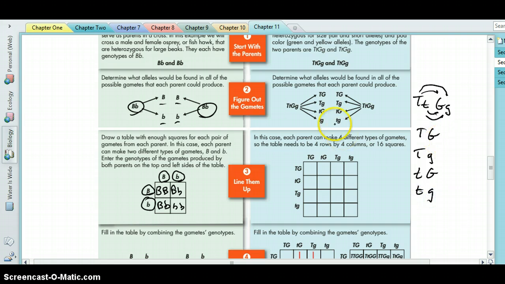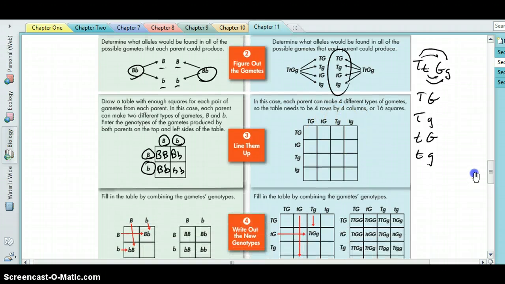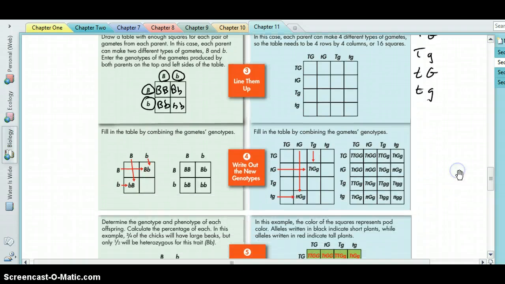Those are our four possible combinations, as you see here. All right, we fill in our Punnett square again, and also keep consistent on which side you put things. Since we're putting the t's on the left side, always keep the t's on the left and the g's on the right. And when you fill in the Punnett square, always keep your t's together and your g's together. That just makes it a little more orderly.